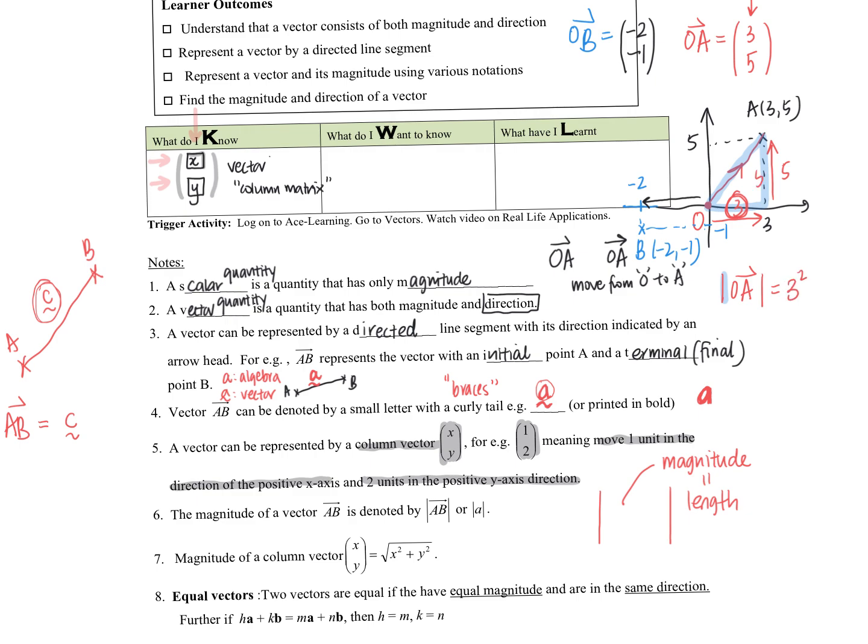This one is moving 5 units, so the Y is 5. So can you see this is a square plus b square? So you take a square root. So to find magnitude is to find the length, and it is using Pythagoras theorem. Whatever this value is, you square it. Whatever this value is, you square it. Add them up and take a square root. So this is the formula for finding magnitude.